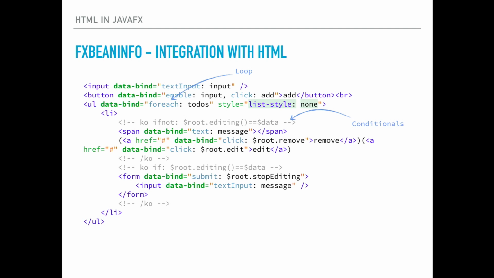And you also have conditionals. So in this case, I display one part of the DOM when I'm currently not editing this, and another one if I'm currently editing this to-do element.